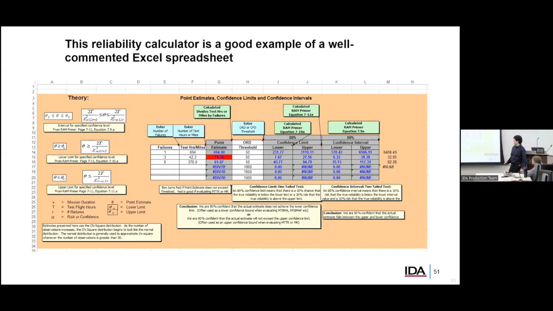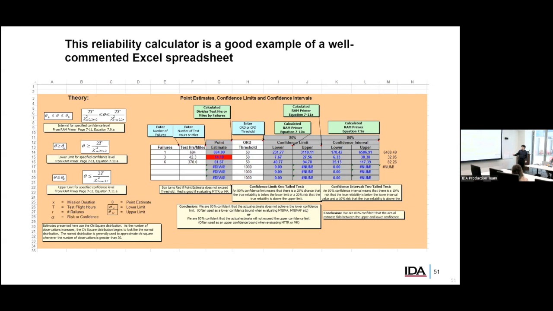Comment your analysis. Another example of comments: let's say you have an Excel spreadsheet, and you're performing a complicated calculation, such as a reliability calculation, and you're using all these math formulas. Someone who is not familiar with reliability calculation might not know what to do with this spreadsheet.